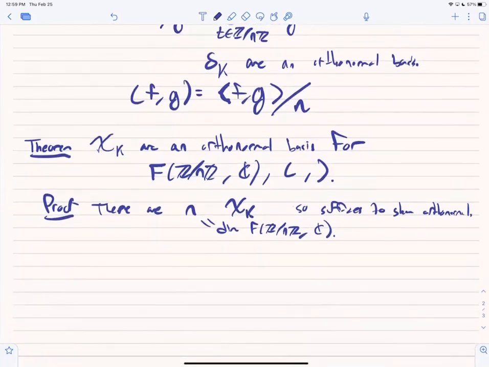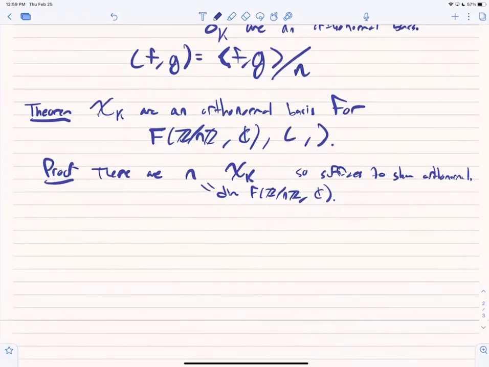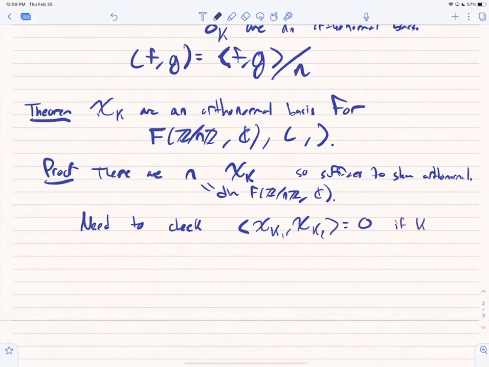And so now let's first check the normal part of orthonormal. We have two things left to check to see they're orthonormal. First, we need to check that the inner product of chi k1 and chi k2 is equal to 0 if k1 is not equal to k2, and equal to 1 if k1 is equal to k2.